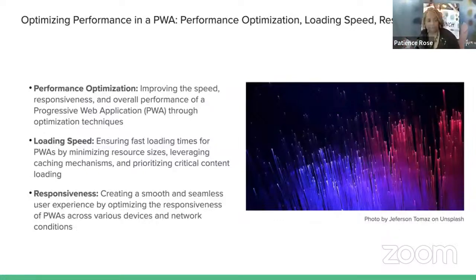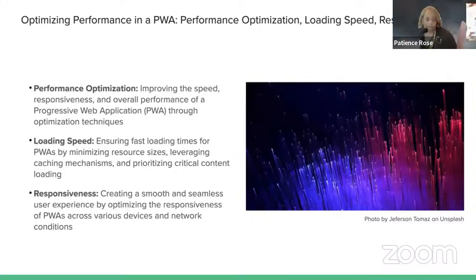Leverage the caching mechanisms, meaning that people coming back to the app over and over again, every time they come back, if they already have the information cached in their phone or in the browser, then it immediately will load. It prioritizes that critical content so that it loads right away.